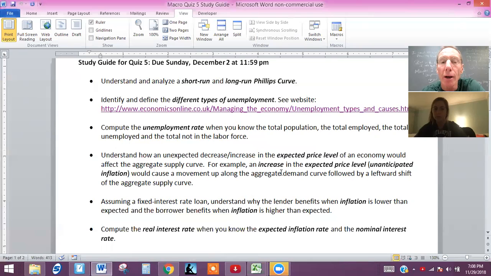This one right here, it's important to understand the difference between the price level and what we're calling the expected price level.